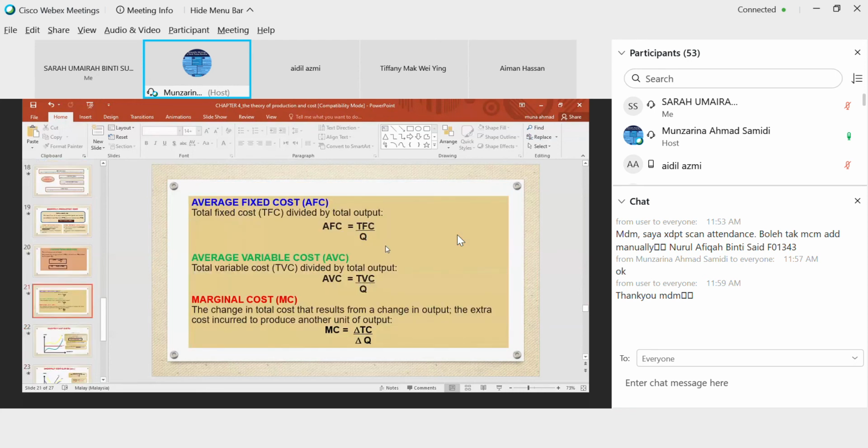Average fixed cost is TFC divided by quantity. Average variable cost is total variable cost divided by quantity. Marginal cost is the change in total cost divided by the change in quantity. You can also get it from the change in total variable cost divided by the change in quantity.